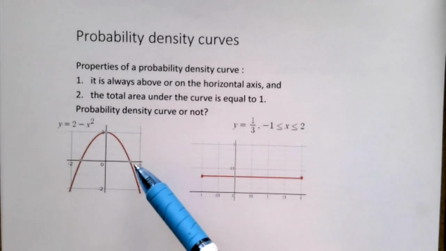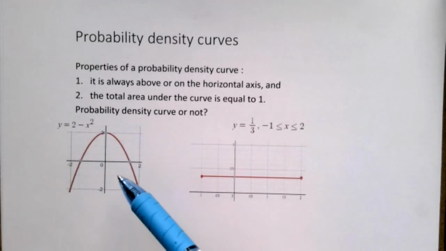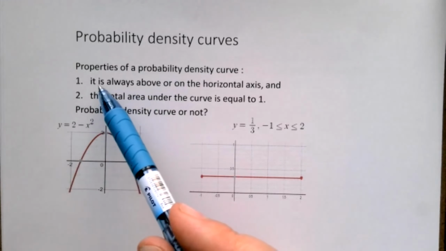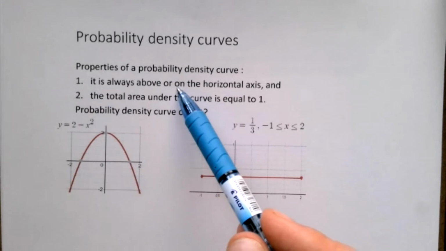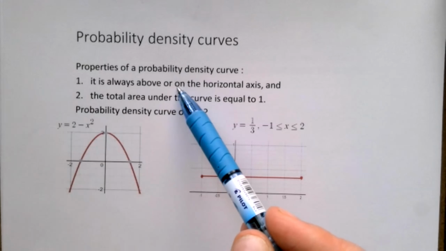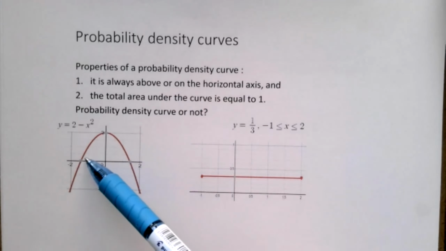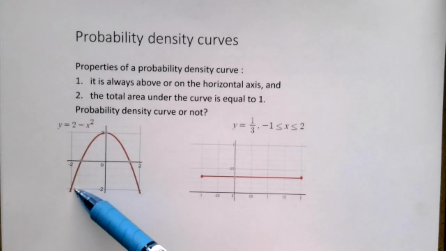We can see that this is not a probability density curve because it violates item number 1, that it is always above or on the horizontal axis. This one goes below, so it's not a probability density curve.